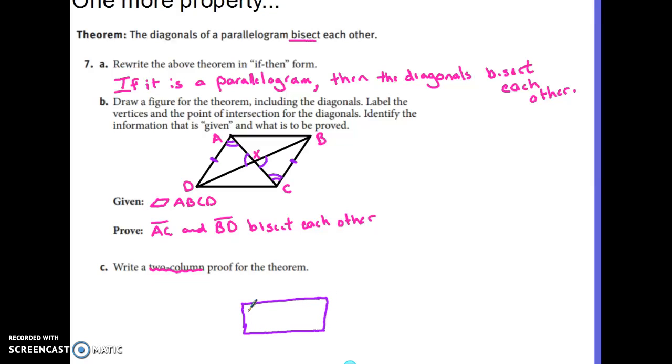So triangle AXD is congruent to triangle, and actually, let me make sure I get these matched up. Actually C would match with A, so CXB, and that would be by angle, angle, side. So that means I need 3 boxes out in front of this for an angle, an angle, and a side.